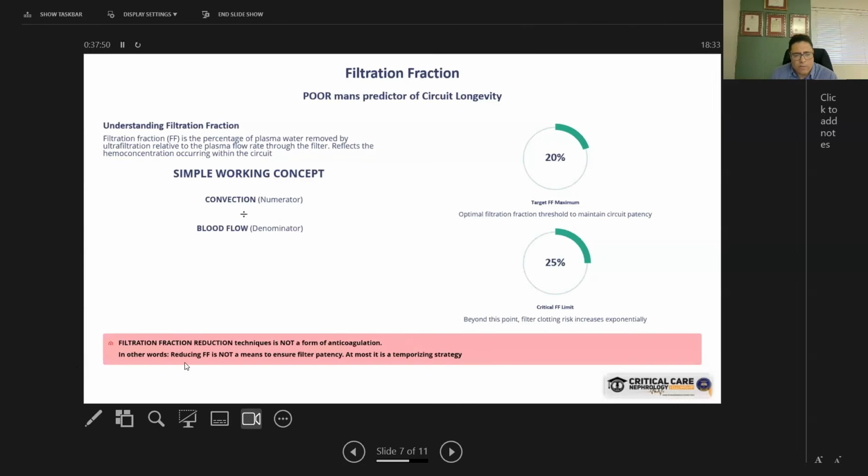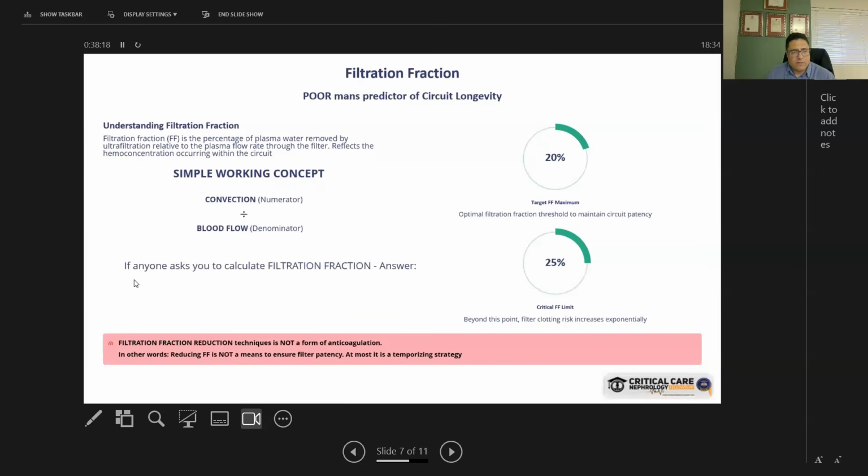We should not walk away thinking that if I reduce filtration fraction as much as possible, I will not clot my filter. It is not a means of keeping your filter running for long periods without using regional citrate anticoagulation or heparin, if you choose them for that matter.